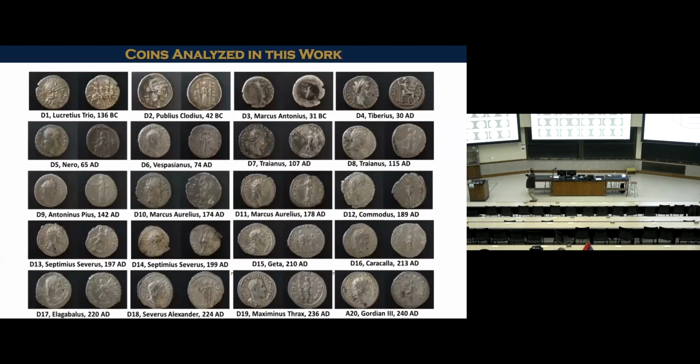For that, we had a private collection by Professor Vischer sitting here. He graciously provided these 20 coins, ranging from 136 BC to 240 AD. And the collection was exactly meant for these purposes; he bought it because of that. So we have every type of major emperor here.